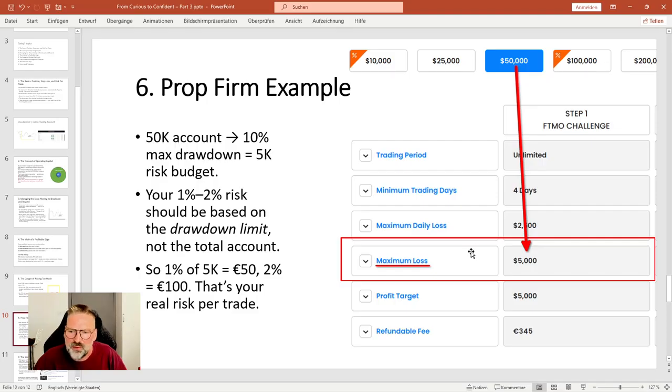Yeah, here's even a maximum daily loss of 2,500. But I would say at least base your risk off that 5,000 maximum loss here. So if you risk 1% per trade, that's $50, right? So if you risk 2%, that's 100 euros.